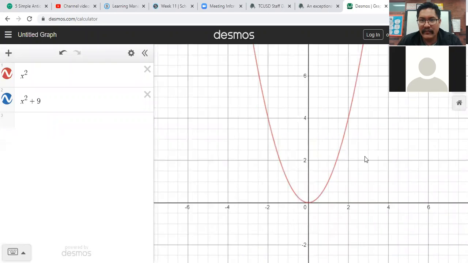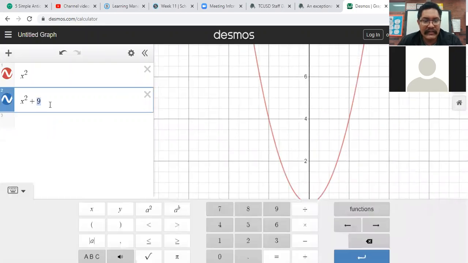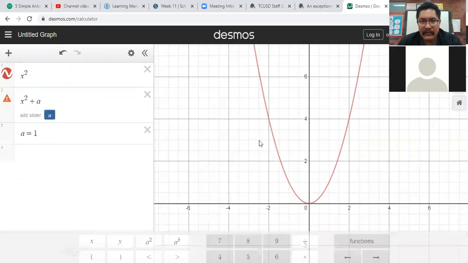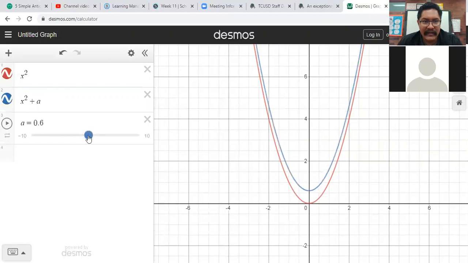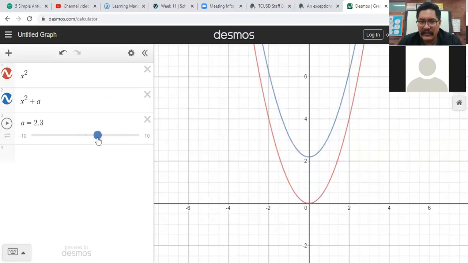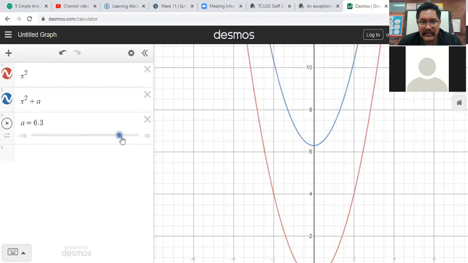If I change this to something like this, I can change the value of a. If a is 0, then they overlap. But if I move it upwards, you can see that it's moving upwards and it's not changing shape. It's going to keep going until it gets to 9.